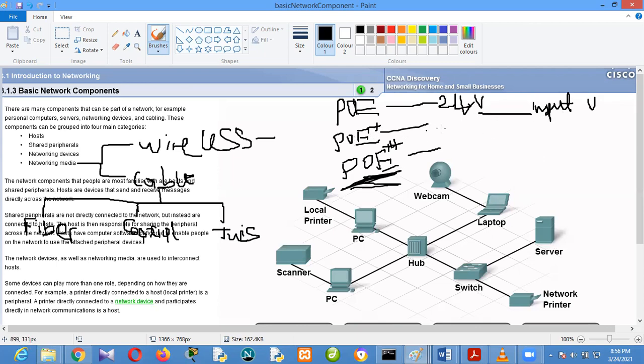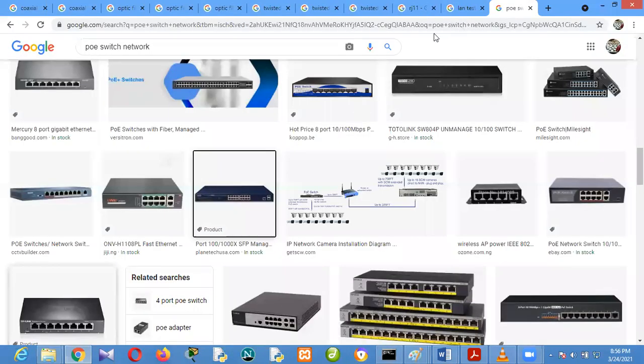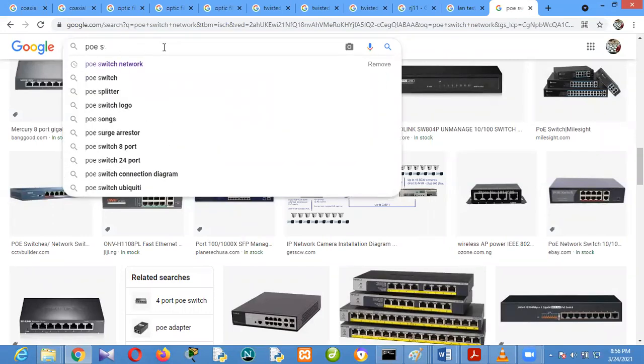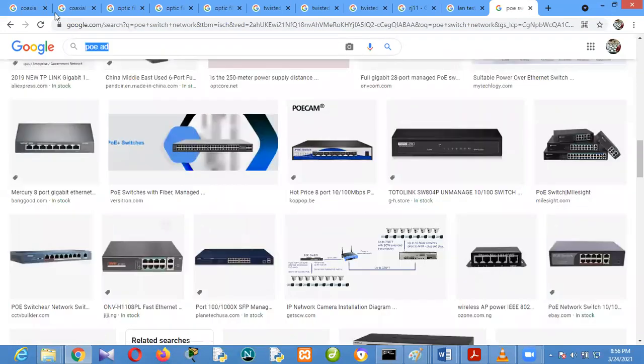While PoE plus, I think their voltage is 48 volts. This one is 48 and above. Now there's something about this particular PoE plus. A gadget that comes with this technology, PoE plus, comes with what we call a PoE adapter. PoE adapter. Let me show you what it is.